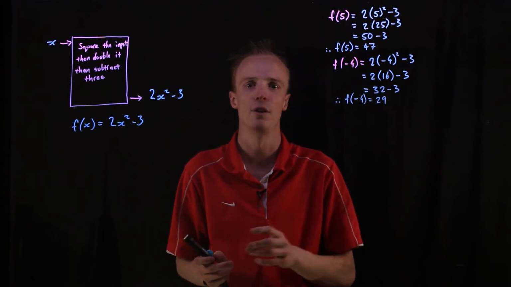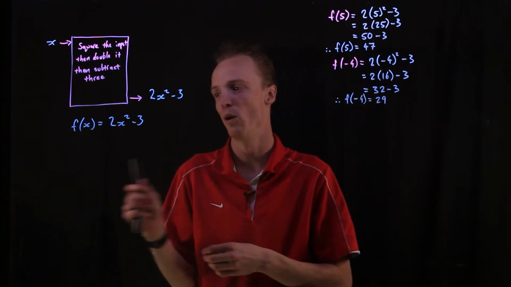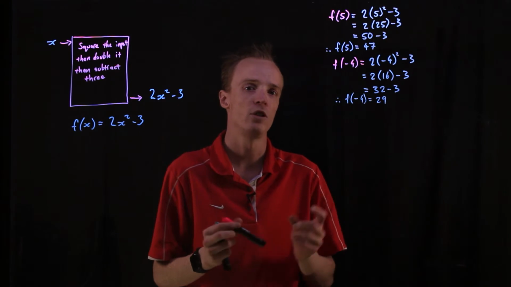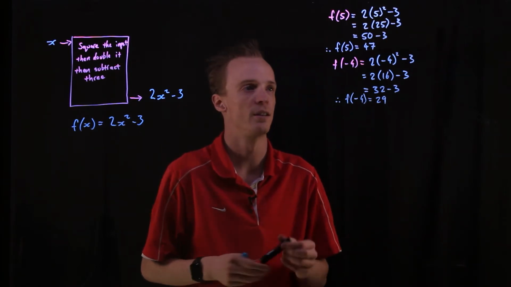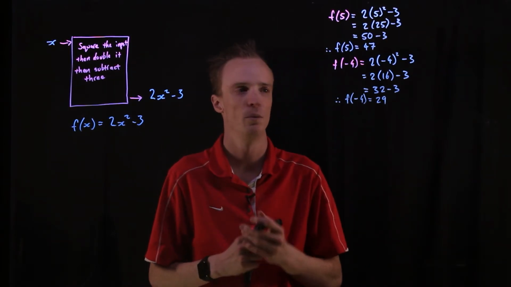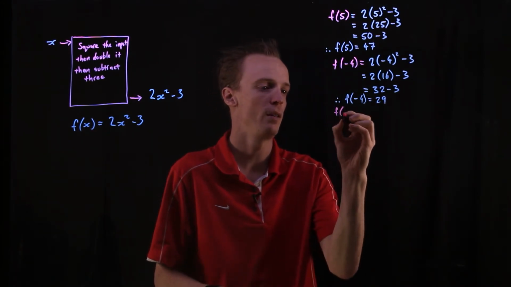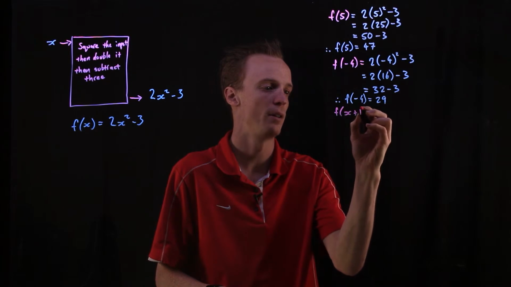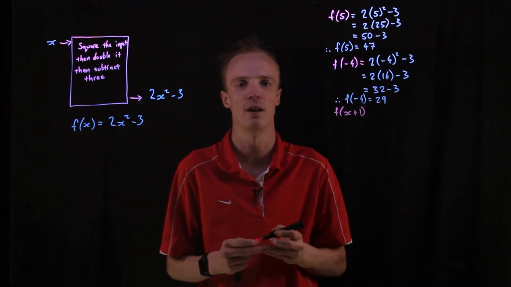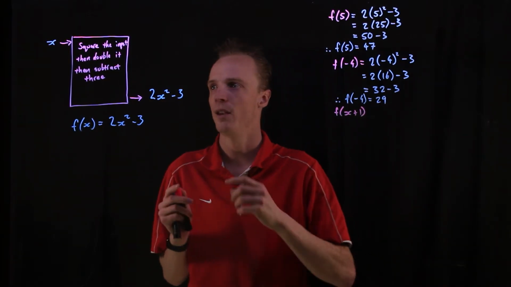Now this works not only for a number or a single variable, but we can actually input another function into this. For example, what if I wanted to know what my output would be if I put an input of x plus 1? So I'm inputting a function now. The same thing will occur.